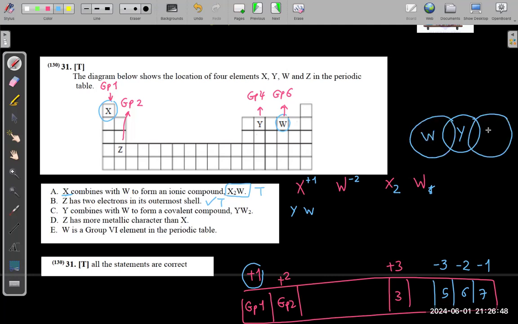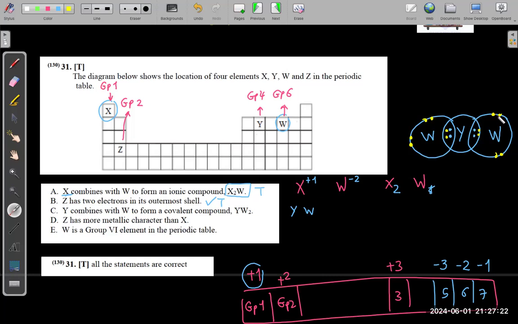This is 1 W and 1 W. Y has 4 electrons in group 4, so it will share 2 here and 2 here. And W is in group 6, so it will need to share 2 electrons. It originally has 6 yellow electrons, but it will feel like it has 8. The other one also has 6 yellow electrons, but will feel like it has 8.